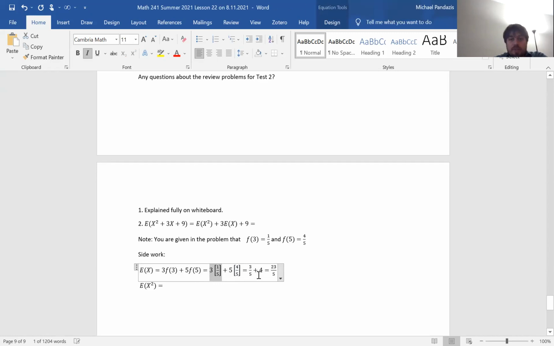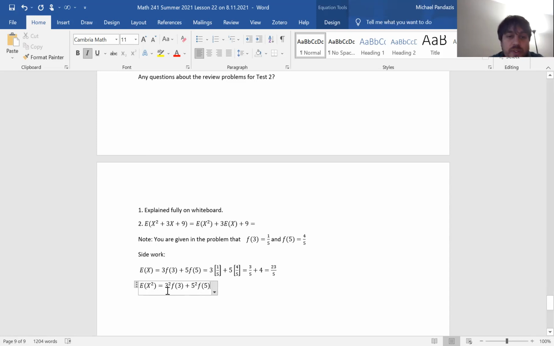So 3 times 1/5 is 3/5. 5 times 4/5, the 5s cancel, you have plus 4. 4 is 20/5, 3/5 plus 20/5 is 23/5. And E of X squared is just taking 3 squared times f of 3 plus 5 squared times f of 5.